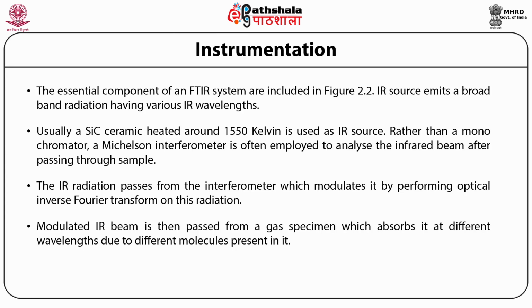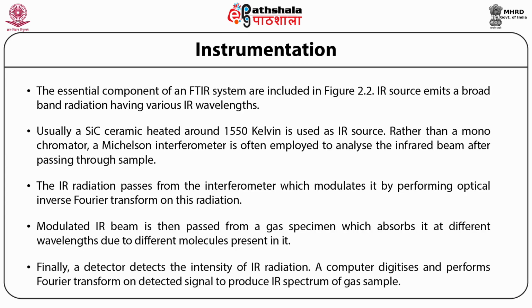The modulated IR beam is then passed through a gas specimen which absorbs it at different wavelengths due to different molecules present in it. Finally, a detector detects the intensity of IR radiation. A computer digitizes and performs Fourier transform on the detected signal to produce the IR spectrum of the gas sample.